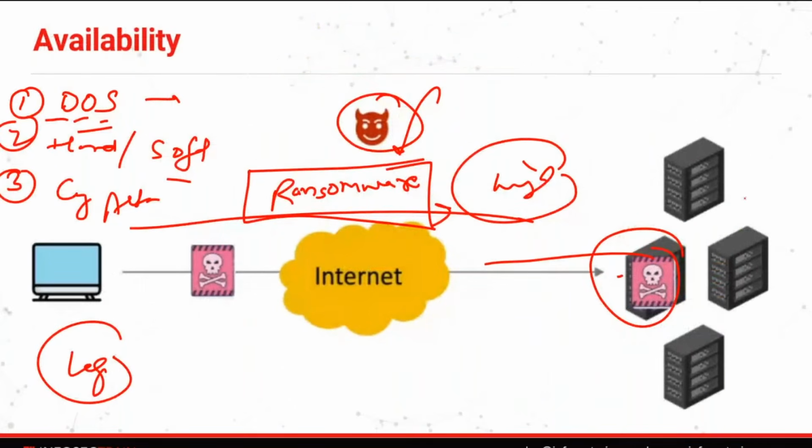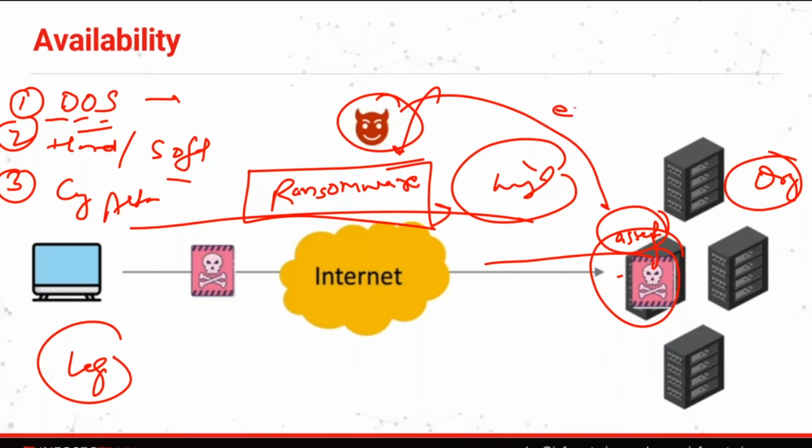Let us say from the organization's perspective, there is some critical asset, important for the business operation, that is stored on the server. What the attacker is going to do with the help of ransomware malware is encrypt this asset here. So the organization will not be able to access this asset.